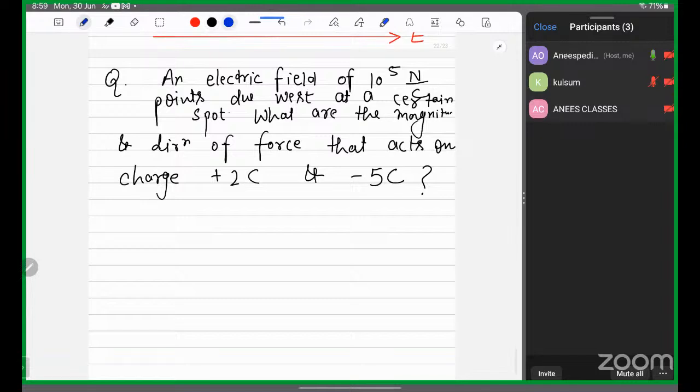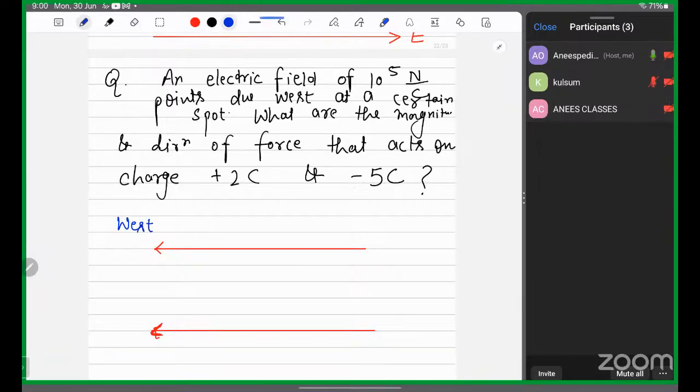Are you getting the question? Question is, we have an electric field in west direction. So let me take it in this direction. This is the electric field, and this direction is taken as west direction.